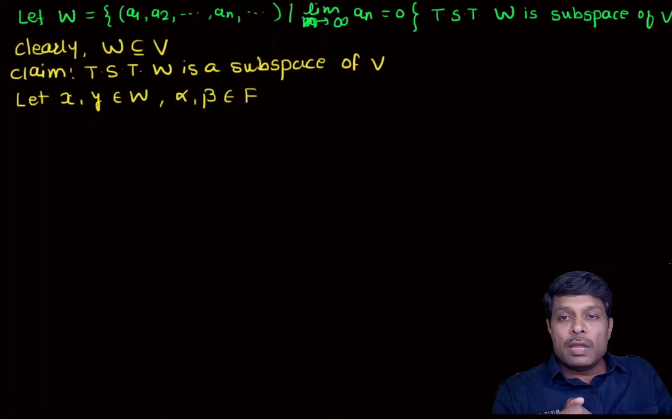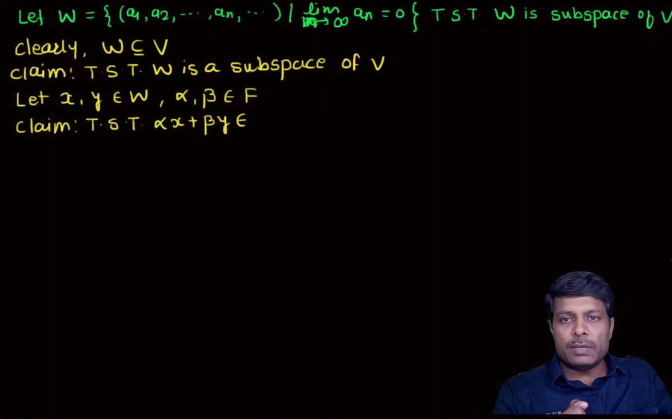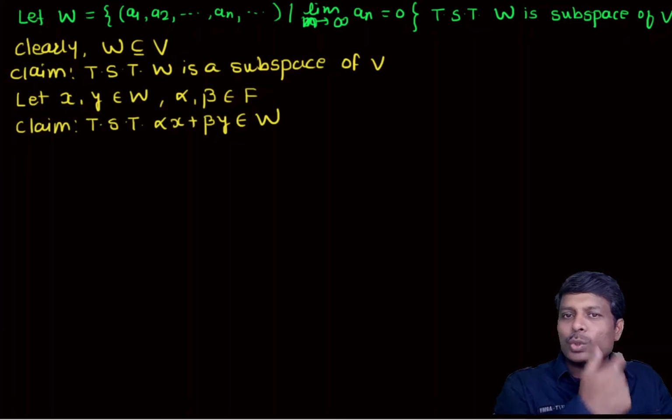Okay. Now what is our claim? Our claim is to show that the combination of these two elements and these two scalars, like alpha x plus beta y, must be a member of W. So how can I show that?